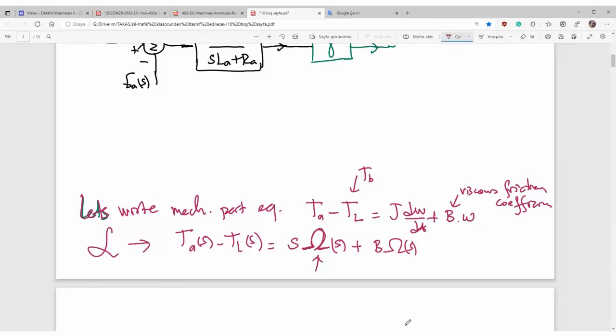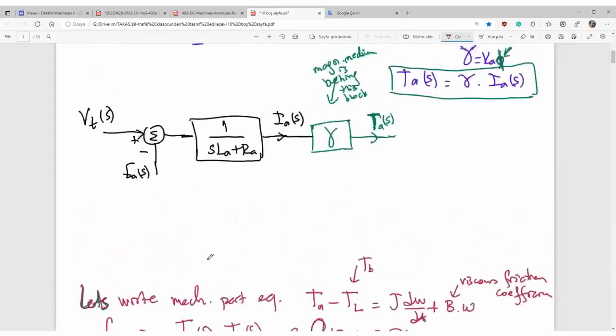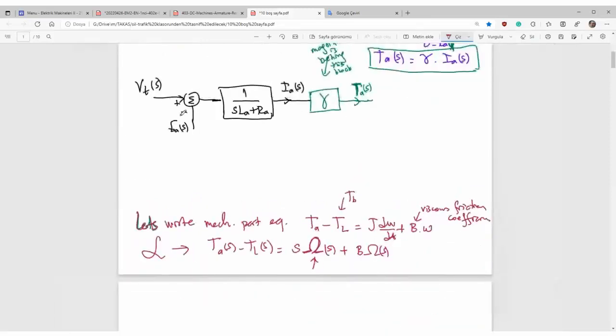Now, that means similarly to this one, here's coming TA, and then subtract it. Here's a summation point. Subtract this guy, which is TLS.